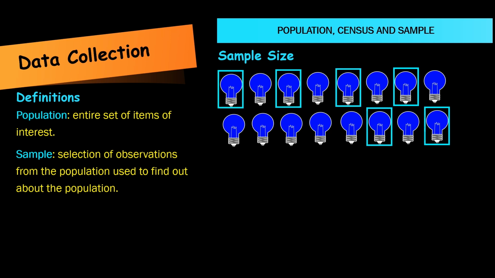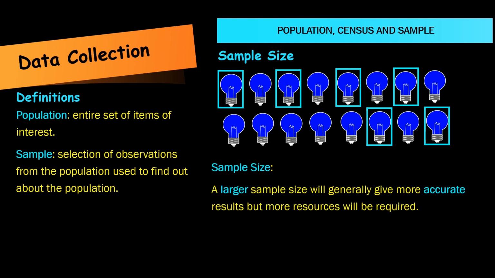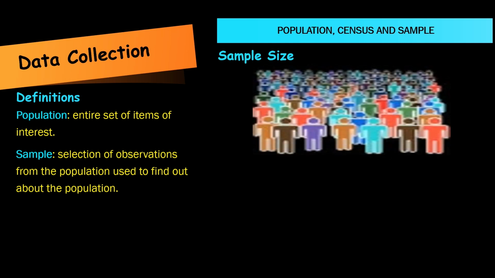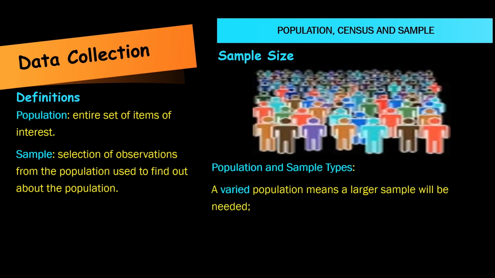We could select a larger sample, and a larger sample size will generally give more accurate results, but of course, more resources will be required. A varied population means a larger sample will be needed, and different samples will give different results.